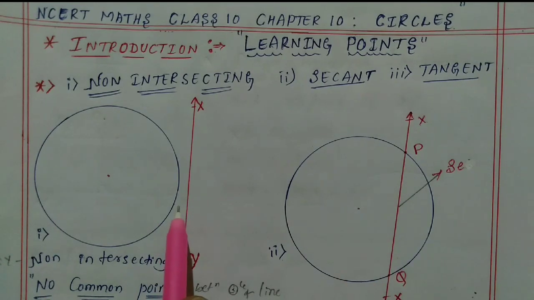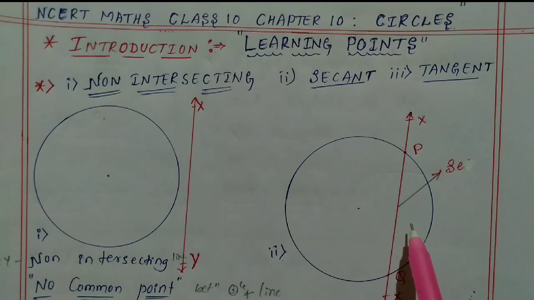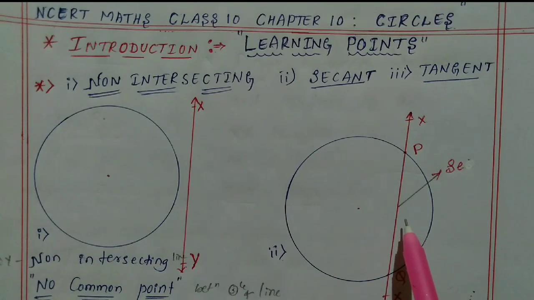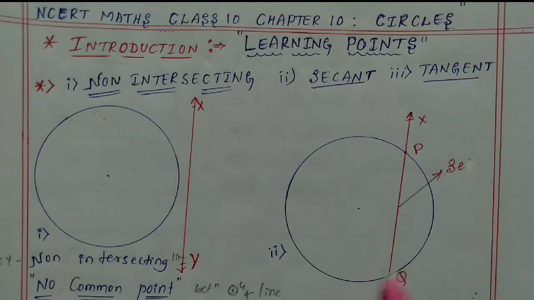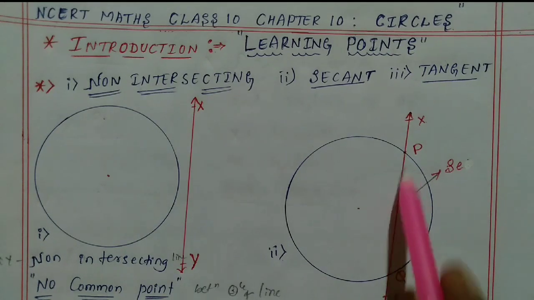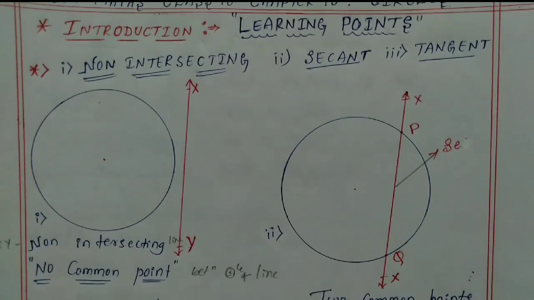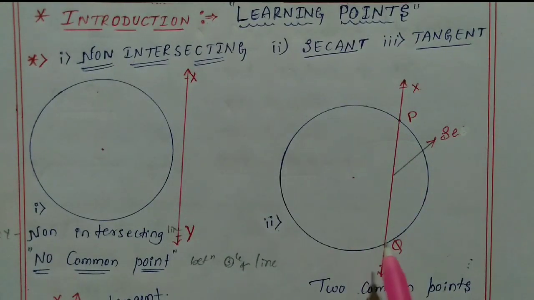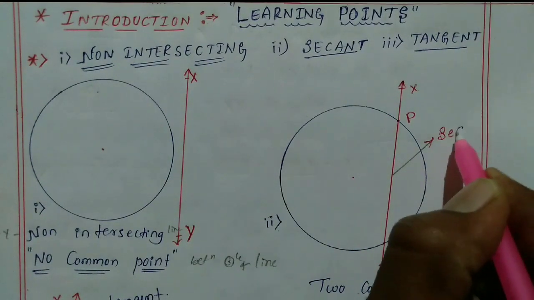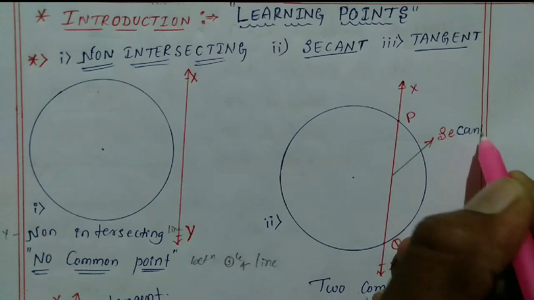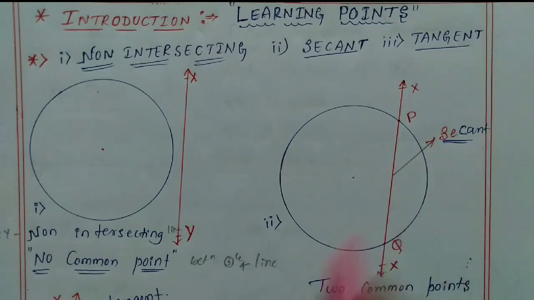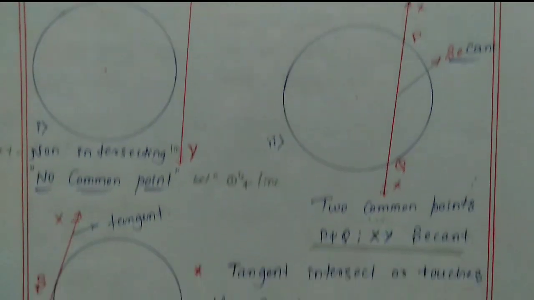This is non-intersecting, this is intersecting, meaning secant. The line intersects the circle at 2 points, one is P and another one is Q. Here two common points are there between the line and the circle. So XY is called a secant. You can write here secant. Next I will go to tangent.